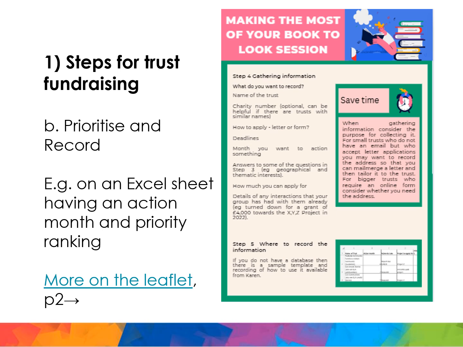There's some bits on the help sheet that tell you what kind of things you might want to put into your Excel spreadsheet. The key on that is prioritising. So you might particularly want to have a column that says, when is your action month? And every month you can work out when you're going to be busy, when you particularly need to work.